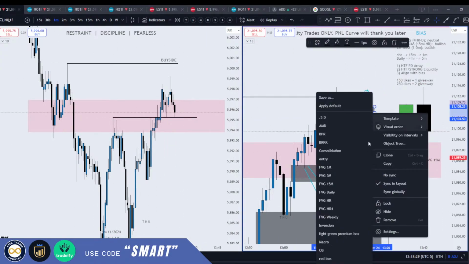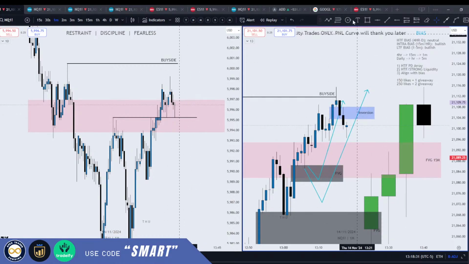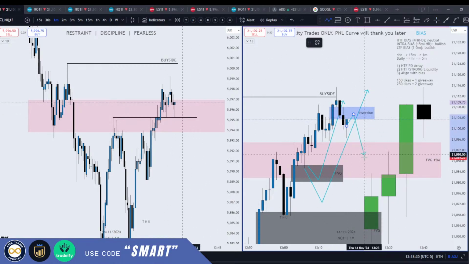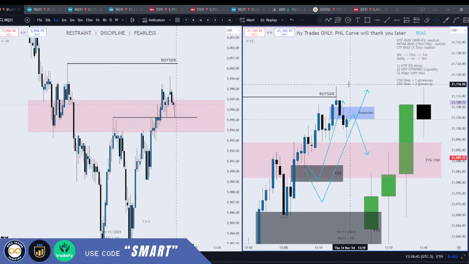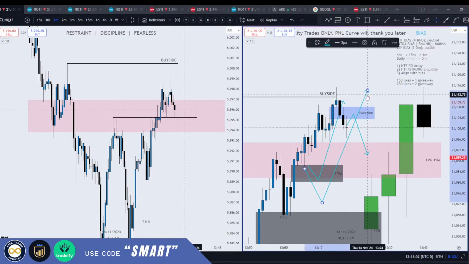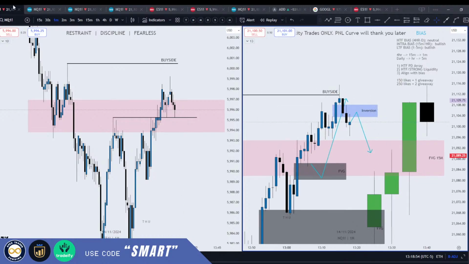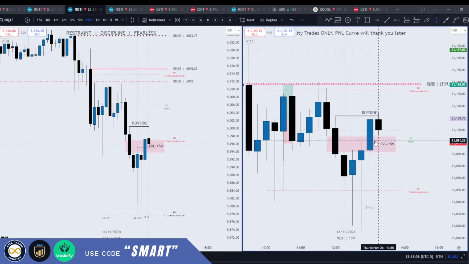Oh, right. We used inverses too. Okay, so we come back here. This could be a possible short, even an aggressive one. I would want to see it come back to this 15-minute, and then we'll look for longs there. I'm going to remove some of these arrows here, but this is the 15-minute.